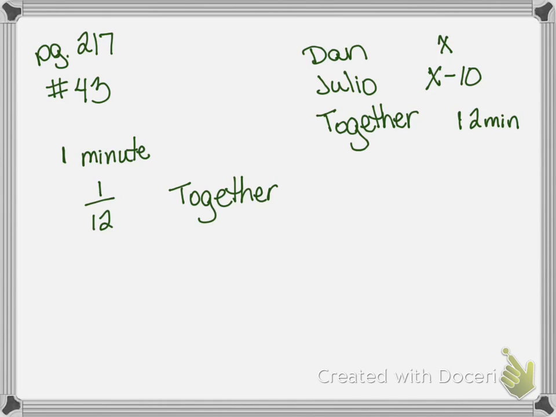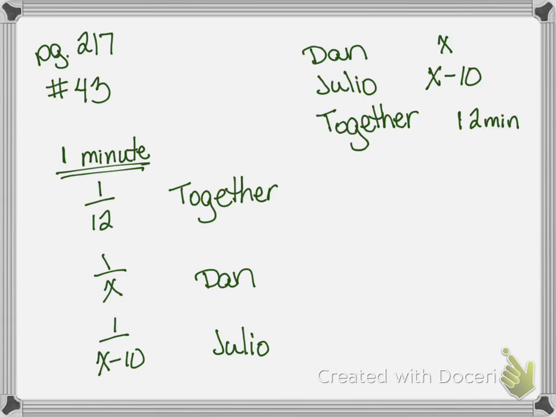So in 1 minute, mowing at the same time, they're getting 1/12 of the yard mowed. In 1 minute, Dan can get 1 over x. 1 over x is how you represent Dan in 1 minute. Then we would represent Julio in 1 minute with 1 over x minus 10. So this is how much they can accomplish in 1 minute.